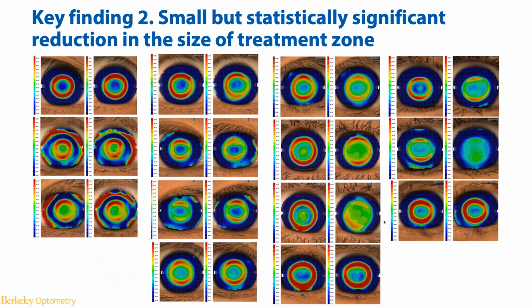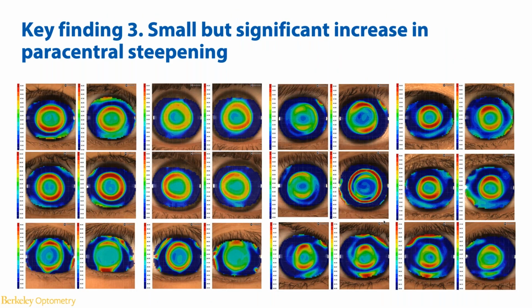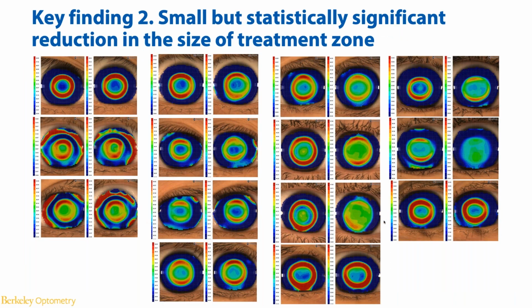Basically, the 5mm OZ produced a small but statistically significant reduction in the size of the treatment zone. I'm showing you all of the eyes included in the study, with this page showing the first half, and this page showing the second half. I'm not selectively showing you some differences; instead, I'm showing you all of the eyes that participated in the study.